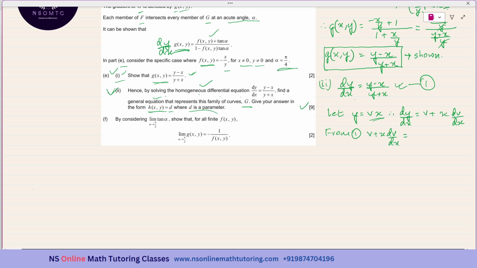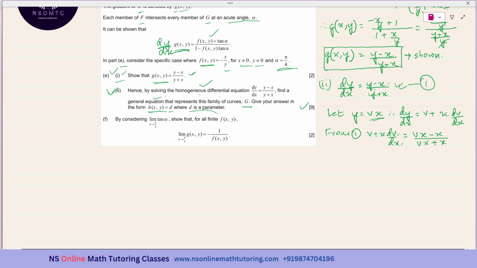And in place of y, I will be writing vx. I'll be keeping the x as it is because now we are having two variables. One is v and the other is x. So x should be substituted. Don't write x equal to y over v. Okay. So vx minus x over vx plus x.